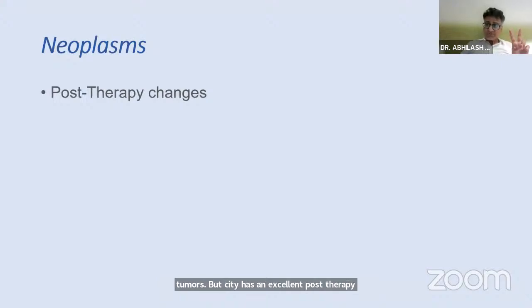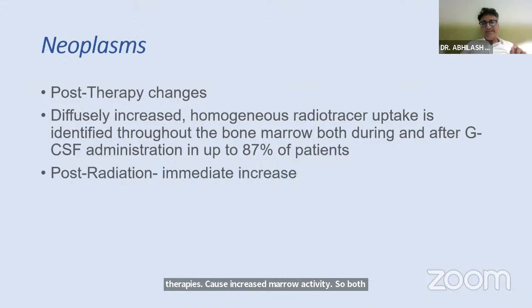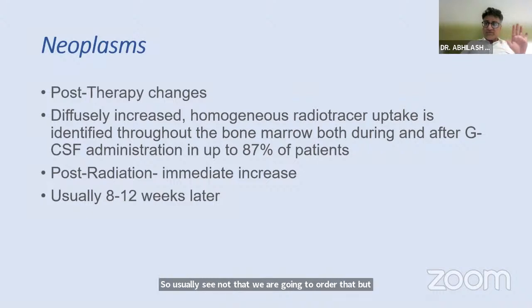Now, two important situations. Patients undergoing chemotherapy will usually be leukopenic. We give them GCSF, that is granulocyte colony stimulating factor, or the other modality will be radiation. Both these therapies cause increased marrow activity. So, both of them are going to light up on a PET-CT. Not that we are going to order that, but this is what your radiologist is going to be telling you: oh, this is lit up.